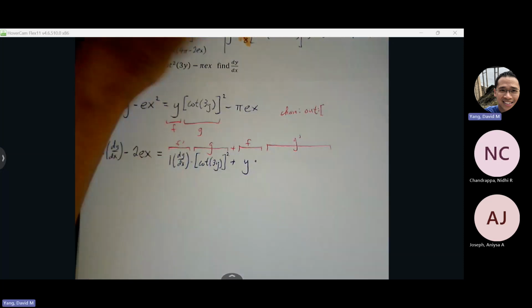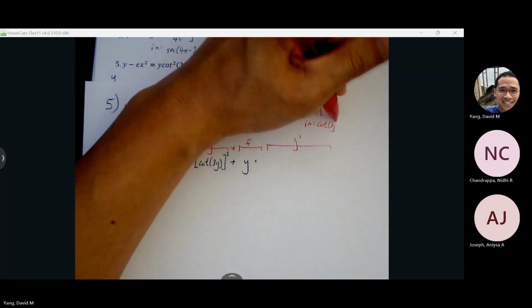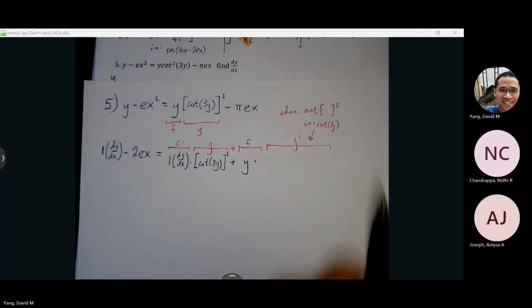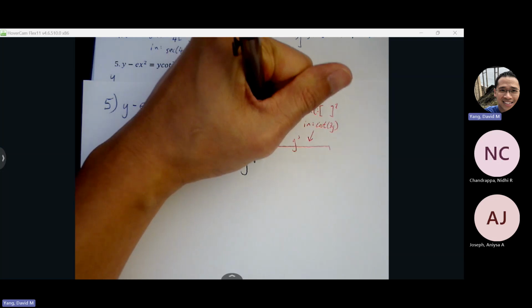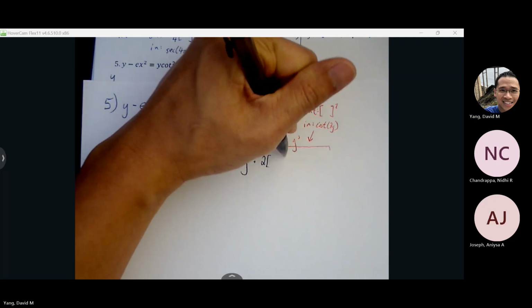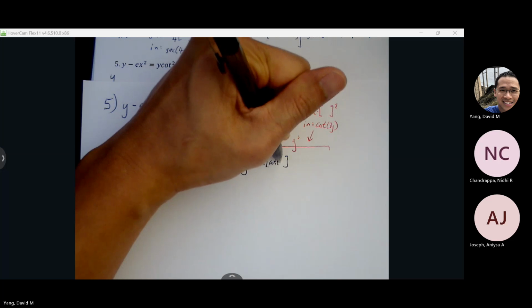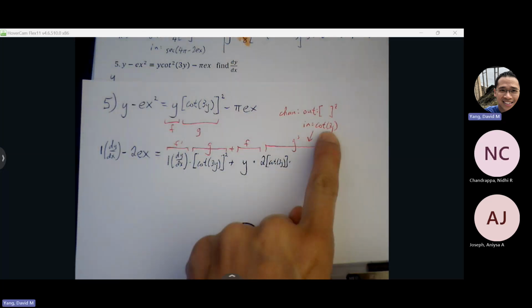Consider the outside and the inside. So bracket squared becomes 2 bracket to the first power. Cotangent u becomes negative cosecant squared u times u prime.